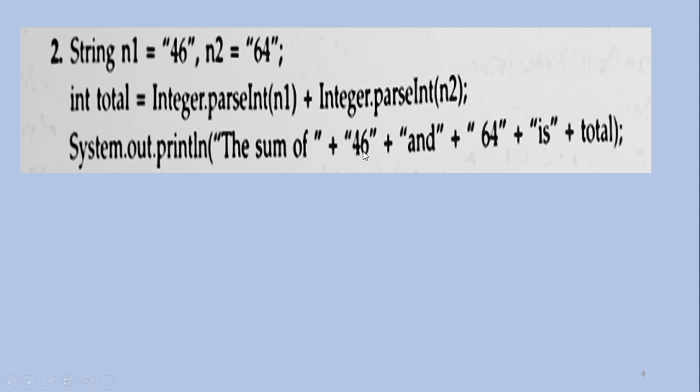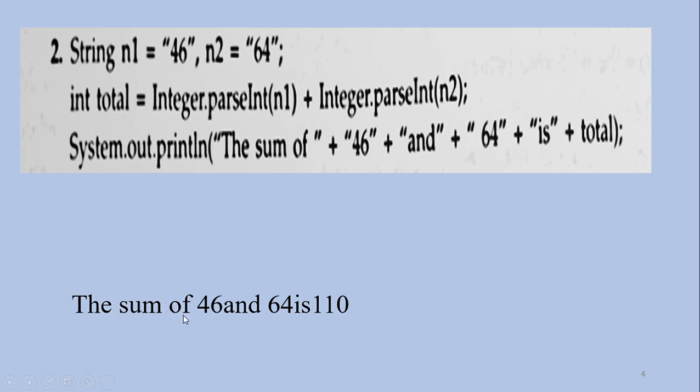So "sum of 46" plus, again a concatenation operator, and again a concatenation operator, but you could see before 64 there is a space here, then total. What is in total? In total you have 110. So how will your output be? You can see here, the sum of. Clear?